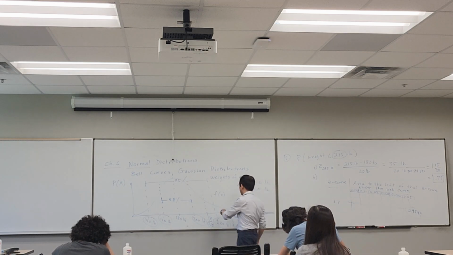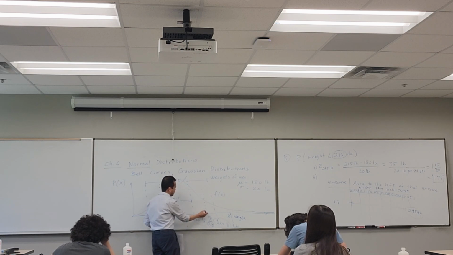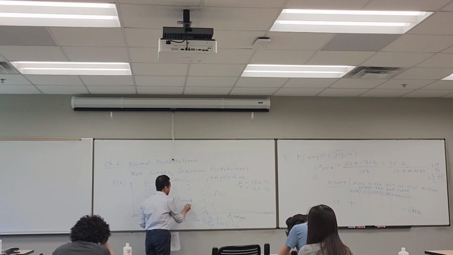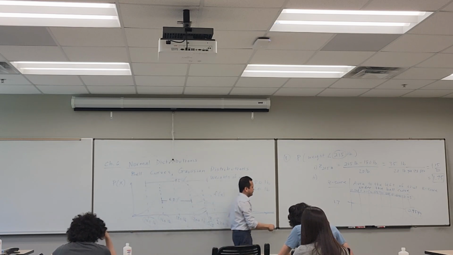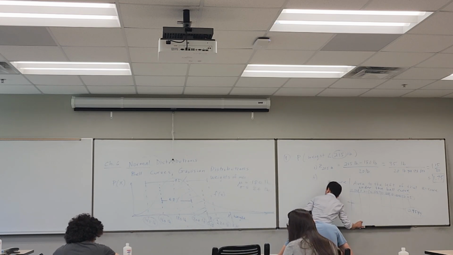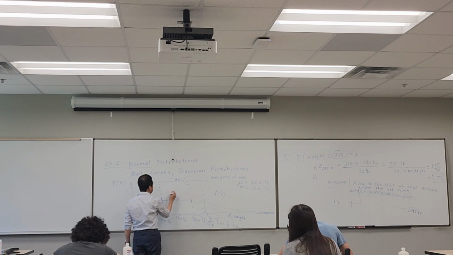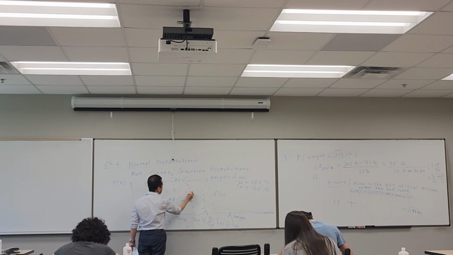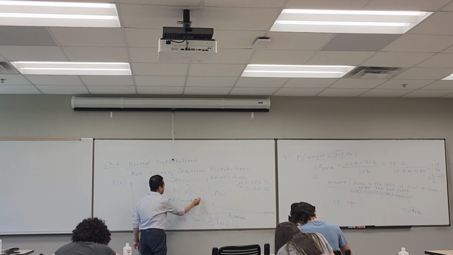So you look at this picture, this z-score that corresponds with a data point of 215, which is z-score 1.75, has a total area to the left of it, under the bell curve, of this 0.9599. So that would be the total area to the left.